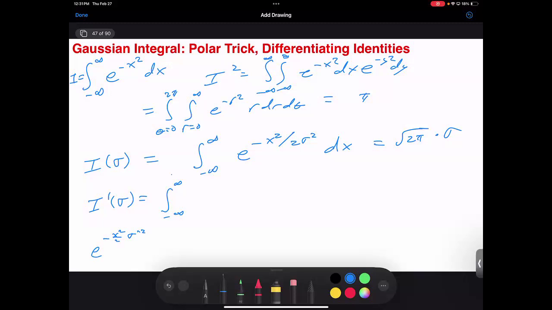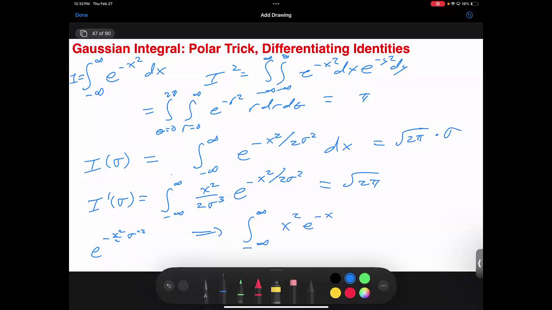The minuses will reinforce, and I'll get x squared over sigma cubed e to the negative x squared over 2 sigma squared, equals the derivative of the square root of 2 pi sigma. Taking the derivative with respect to sigma, I get the square root of 2 pi. Therefore, the integral from minus infinity to infinity of x squared e to the negative x squared over 2 sigma squared is the square root of 2 pi times sigma cubed.